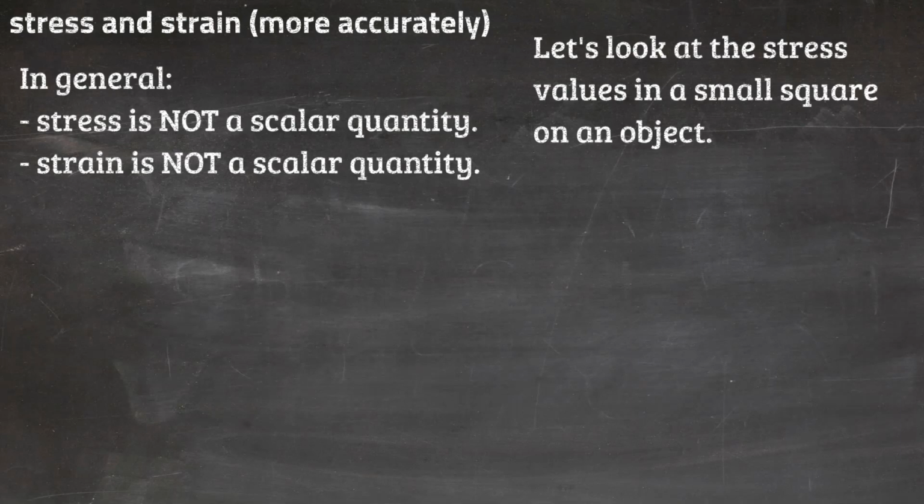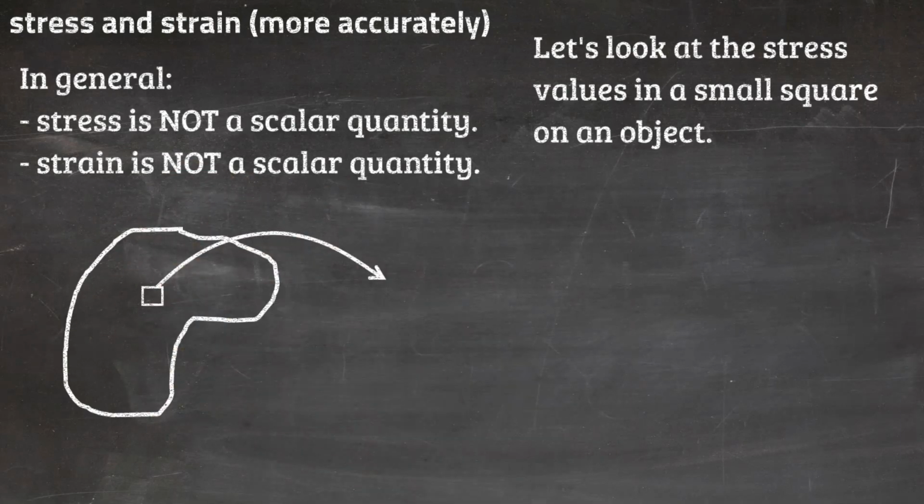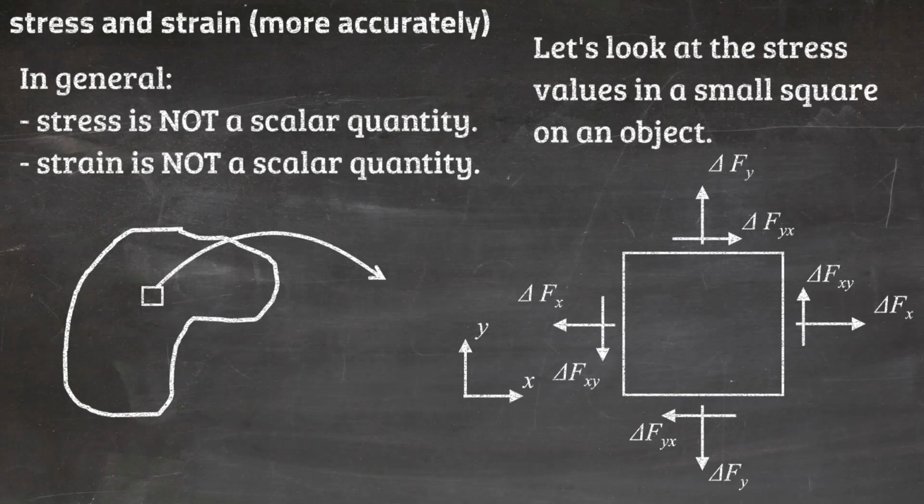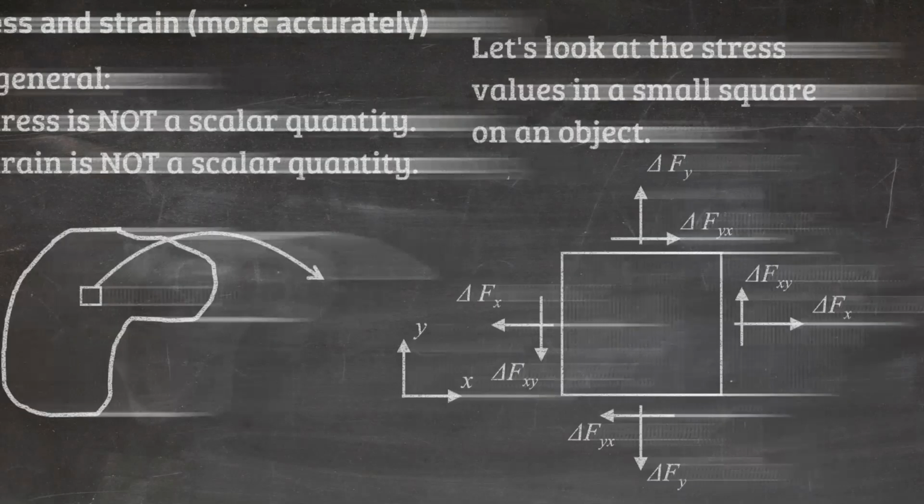If we take a very small square section of a random object, in general, there are forces applied normal and tangent to all the sides of this square. The directions of these forces are shown using the subscripts x and y, which are our coordinate system. The delta sign used before each force shows that these are very small forces applied to the small section of the material.